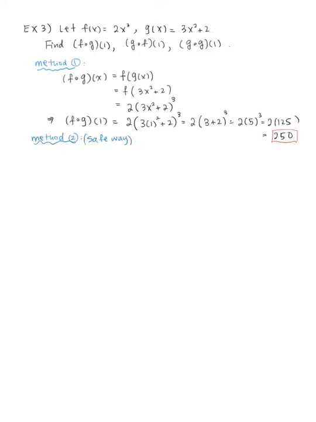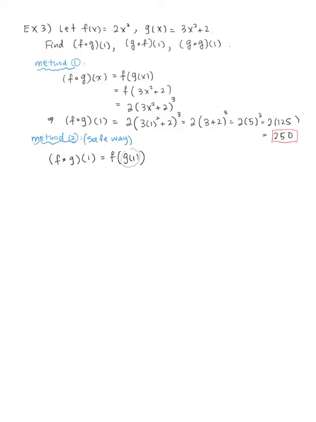Okay, so first what we're going to do is this. Let me just write it out. f of g of 1, sorry. Okay, so let me write down the definition. So this is f of g of 1. Okay, so next step is this. Compute g of 1 first. Our g of x is 3x squared plus 2. So let me just work it as side work.